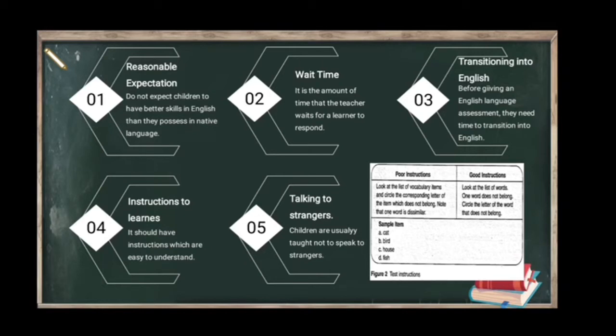And the sample item is A. Cat, B. Bird, C. House, D. Fish. The instruction is actually the same, but as a teacher, we have to select the easiest language to instruct the students.